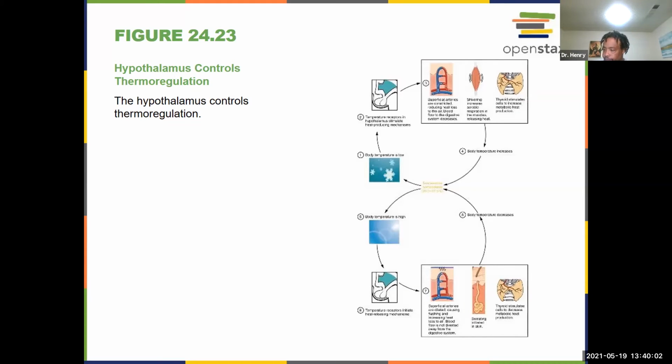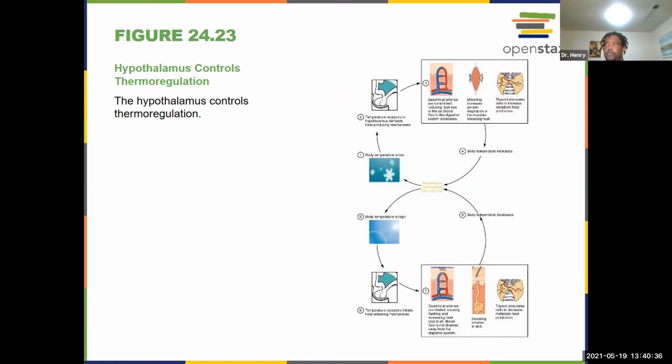And then what happens is the superficial arteries are going to be constricted, and so they're going to reduce heat loss. So in other words, blood isn't going to be flowing to the top component where you're actually going to be losing some of that heat, right? You get that constriction, so that your blood is going to be flowing closer to the inside.